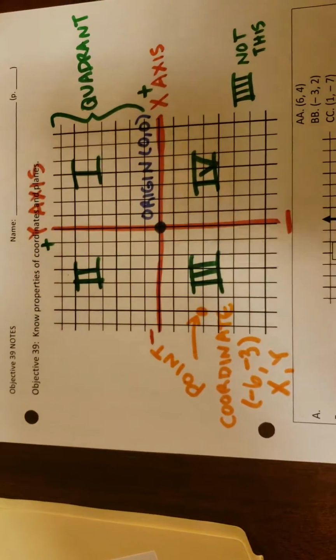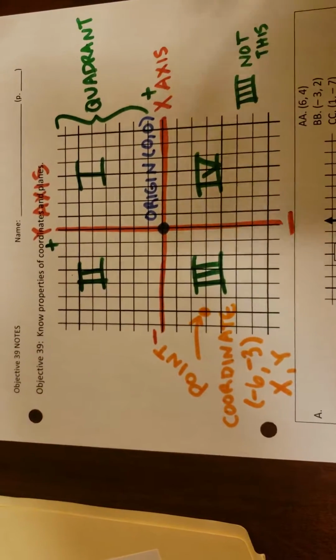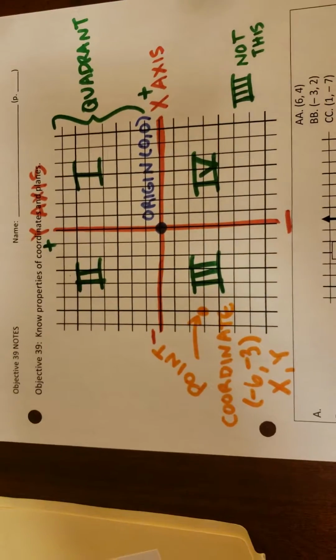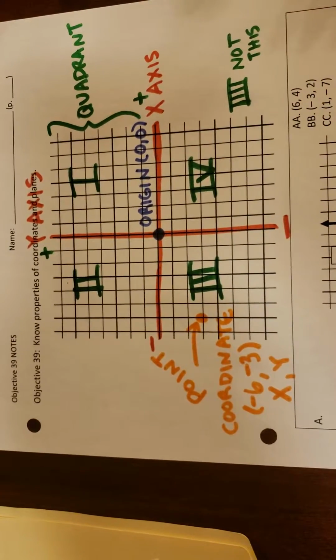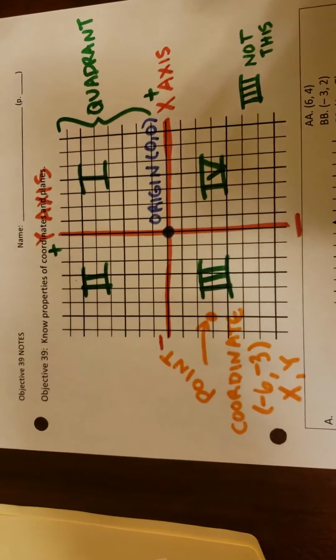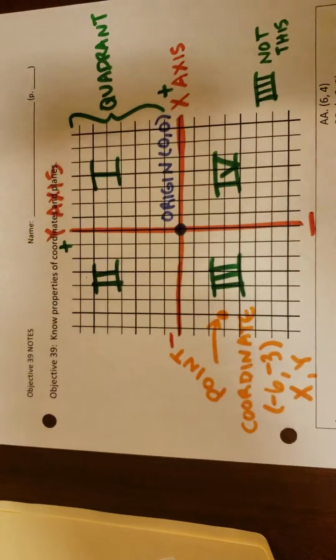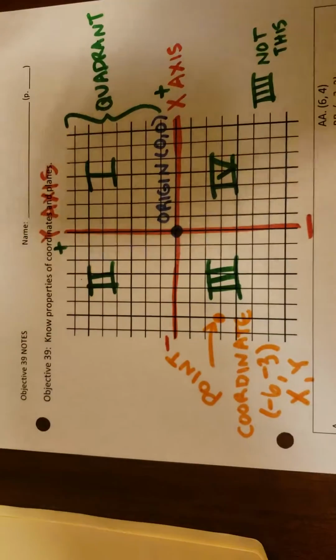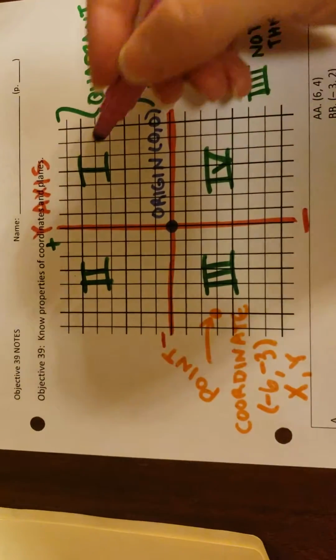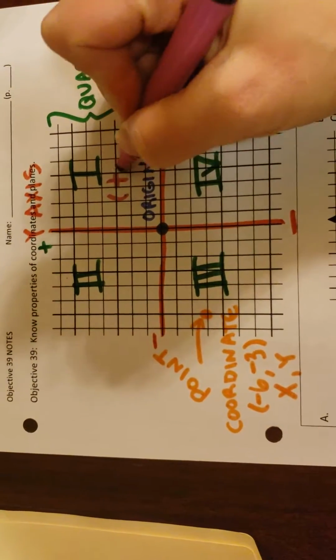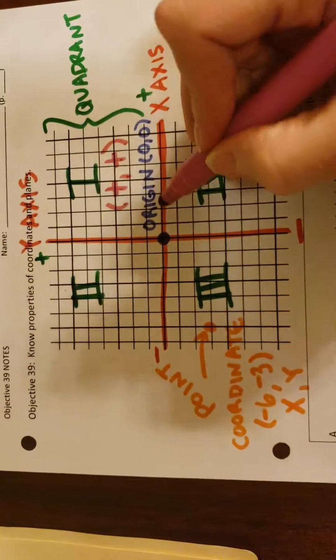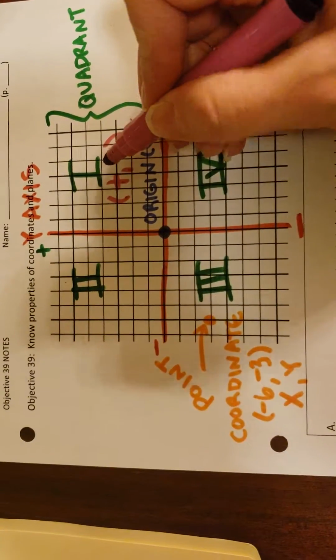Now, something that will help you to determine which quadrant a coordinate is in without even having to graph it is to pay attention to the positives and negatives in the coordinates. Any coordinate in the first quadrant is going to be a combination of two positive numbers. Positive direction, positive direction.